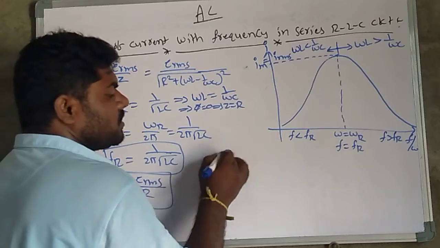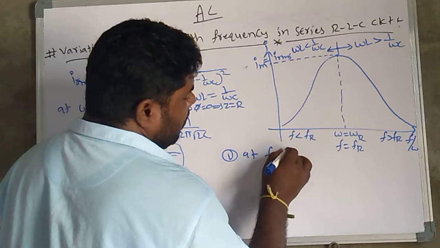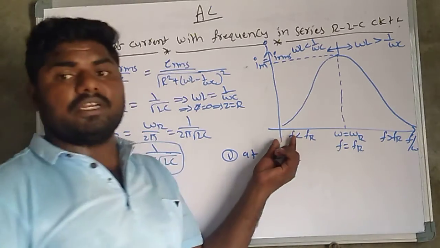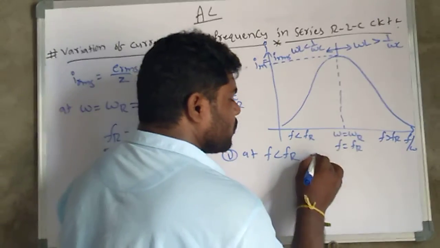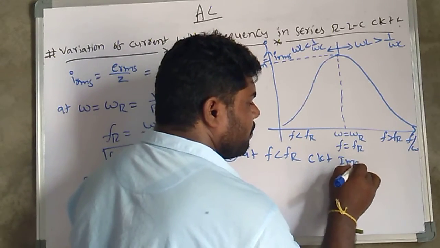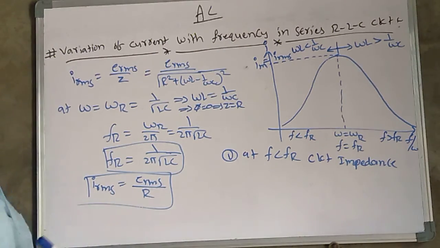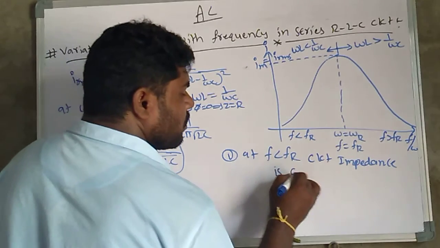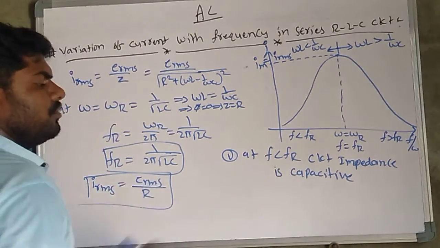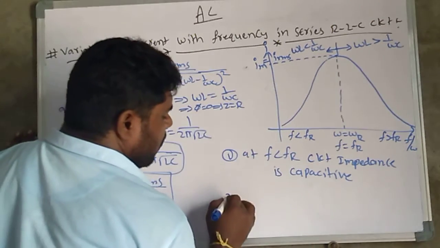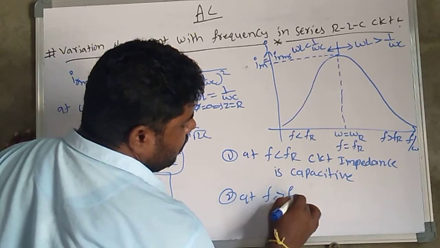The first case is f less than f_R. In this situation the circuit impedance is capacitive, only capacitor impedance. The second case is f bigger than the resonance frequency.